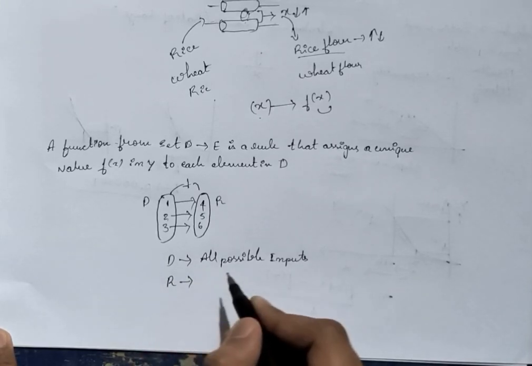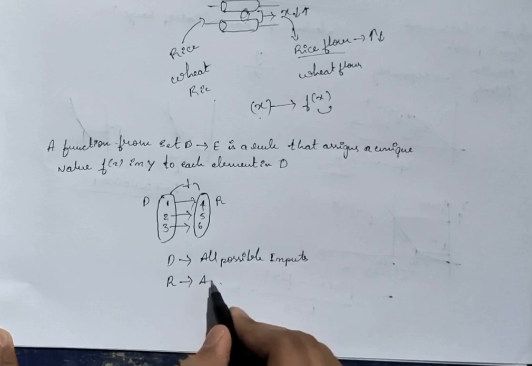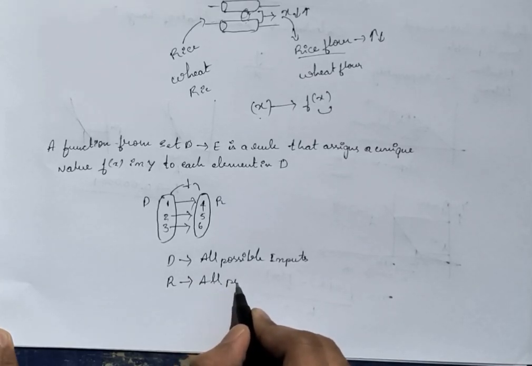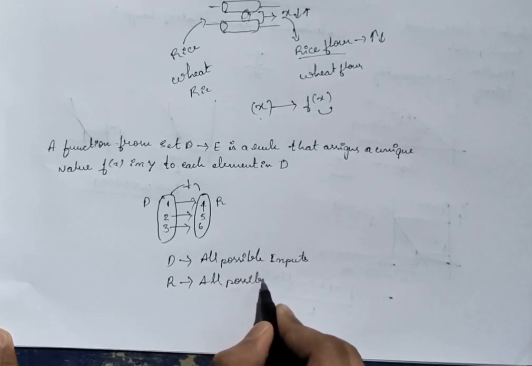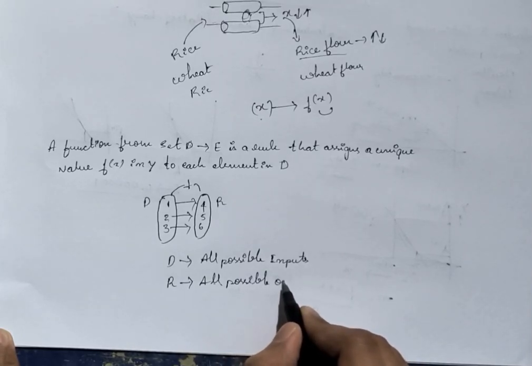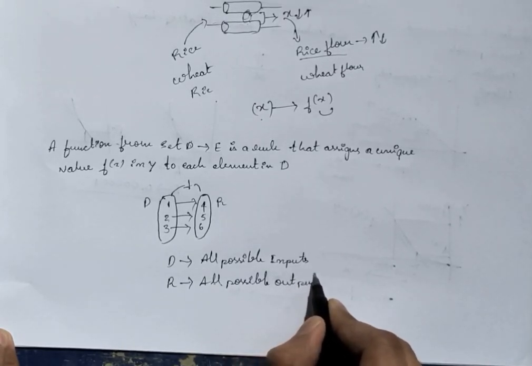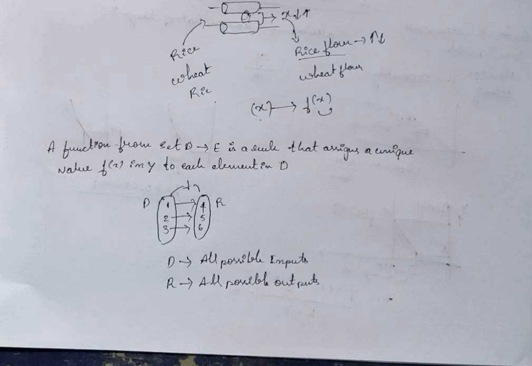Range. All possible outputs. So we get all possible outputs by using the function.